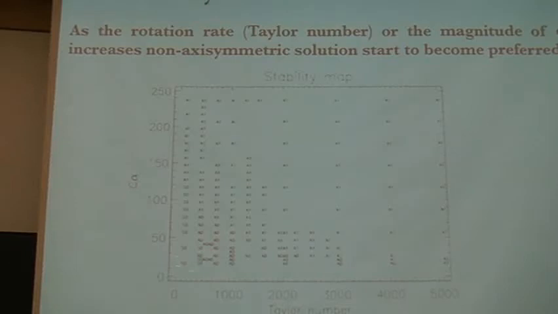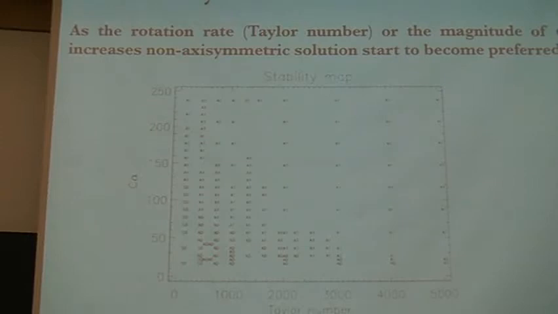And these S0, A0 labels: the 0 here always means that it's axisymmetric, and symmetric means that it's symmetric with respect to the equator.